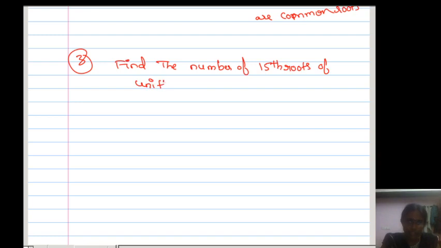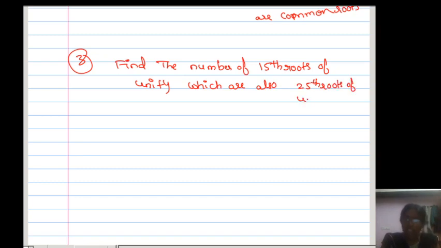Next, similarly you have one more problem. Common roots means: find the number of 15th roots of unity which are also 25th roots of unity, means common roots.